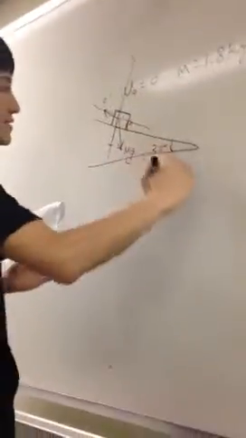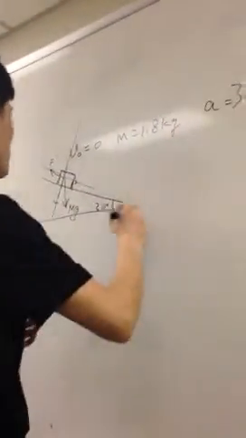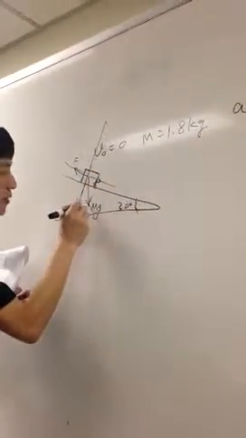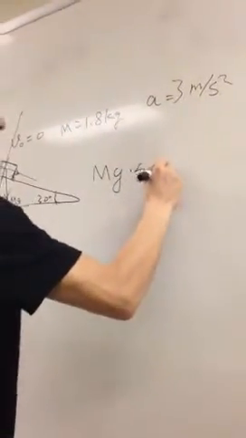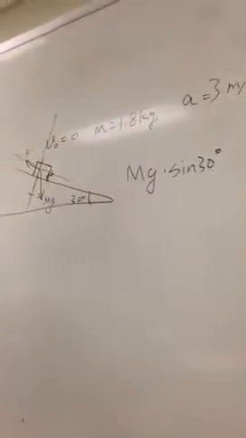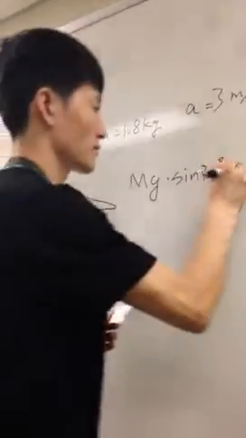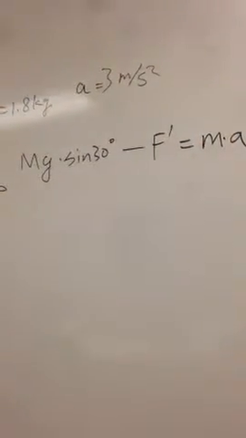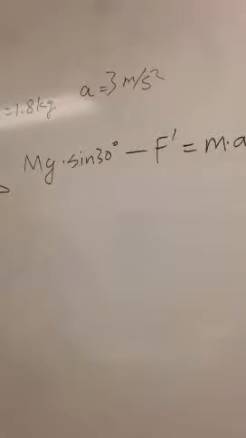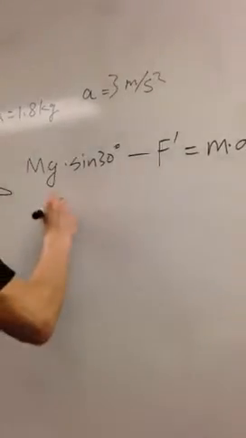So here we only need to analyze along the x-axis. The x-axis component of gravity, and then minus this friction, will give the object acceleration, right? They didn't ask you to calculate the coefficient, so for this question you can just solve for F.